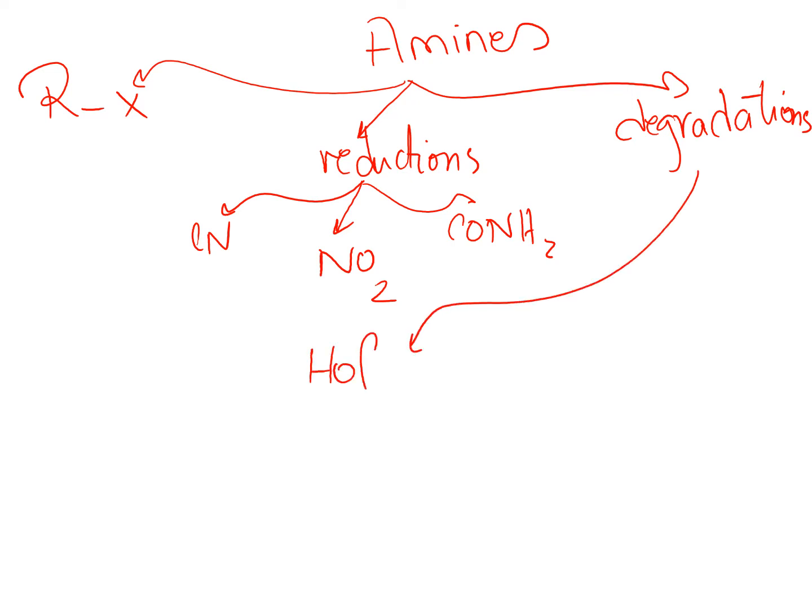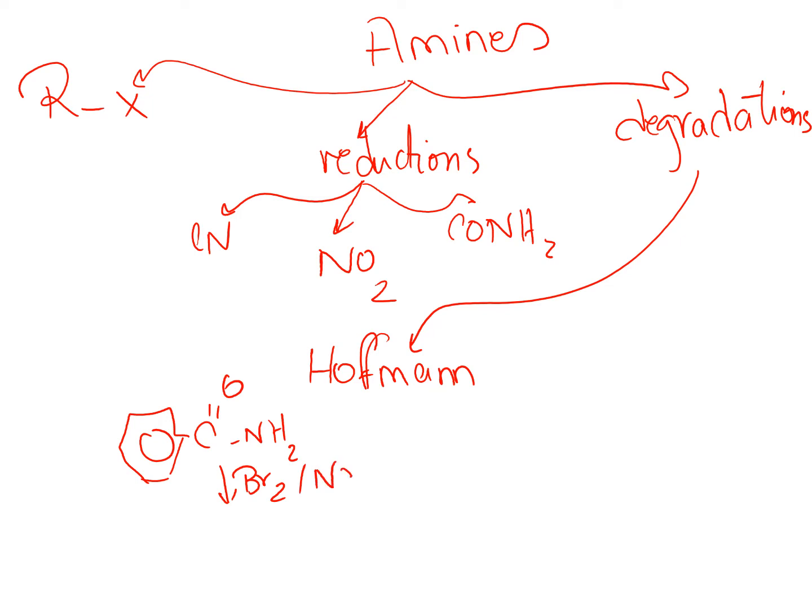We have the Hofmann degradation reaction, where you use an amide and add bromine in the presence of sodium hydroxide, and the end product is that you remove the carbonyl and directly attach the amino group to the carbon that was attached to the carbonyl.